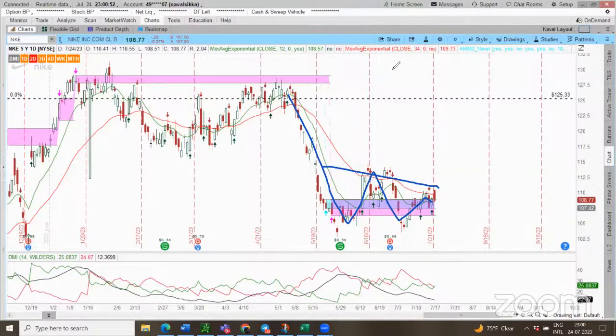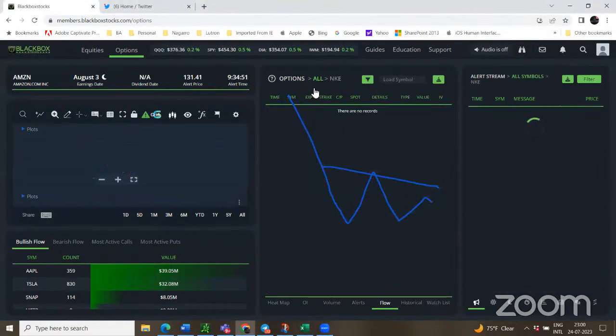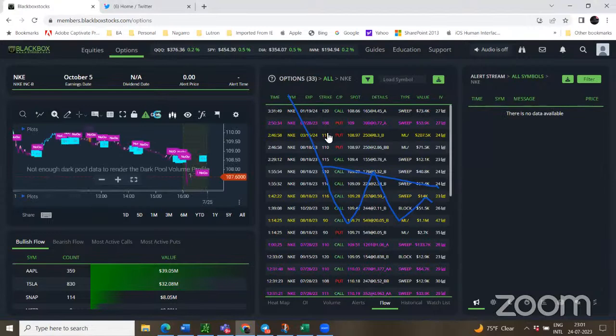I was trying to play Nike based on the flow. So let me just check if my Nike has anything. Even right now, you see they're selling 110 puts. Clear this. And if anybody has any opinion, you can join the call later on and tell me.